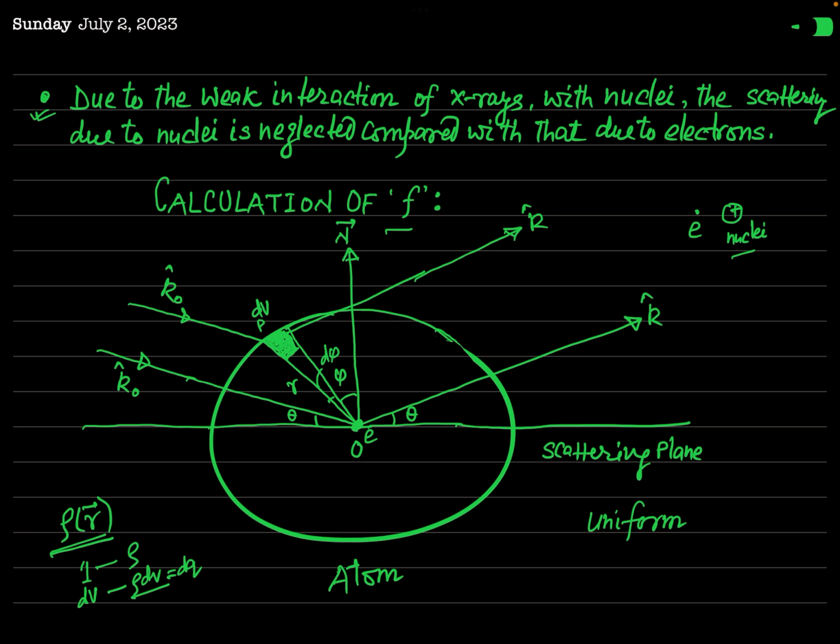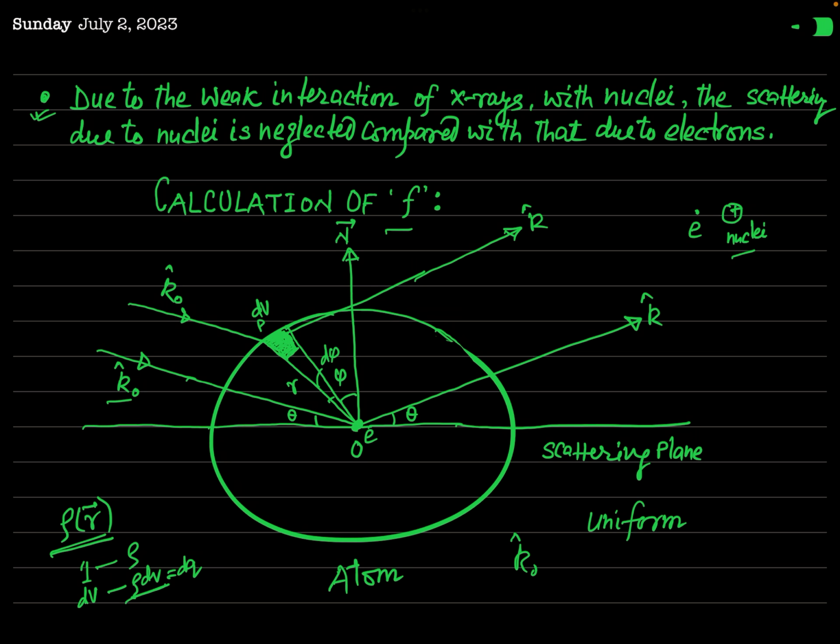Okay, now let us consider an X-ray beam incident on the electron situated at the origin O, and we have considered this κ₀. You can see this κ₀, I have considered a unit vector in the direction of the incident beam. Another beam is also incident on this volume element dV, or you can say the charge element ρdV, and this incidence direction is also represented by the unit vector κ₀.